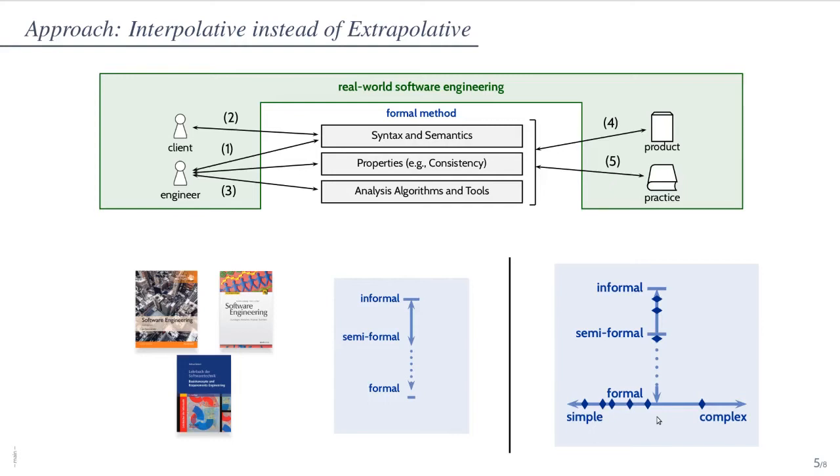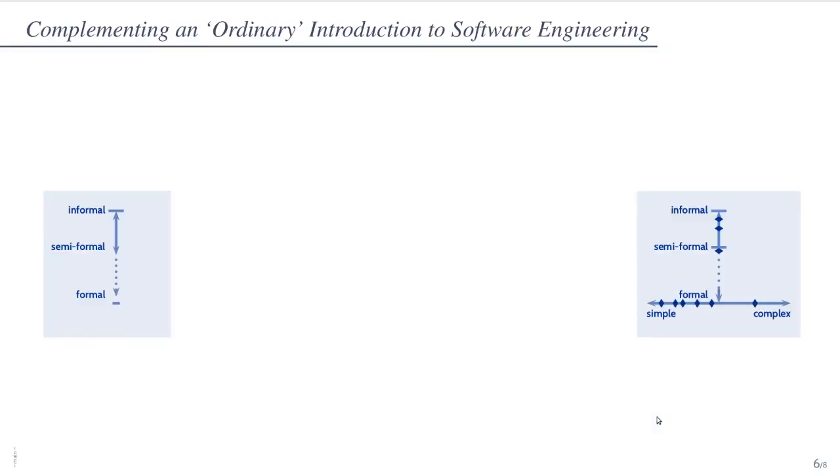So at least one example for requirements engineering, at least one for structural and behavioral modeling, and at least one for code quality assurance.